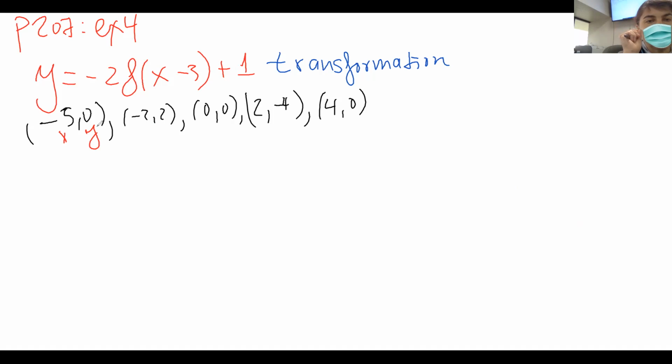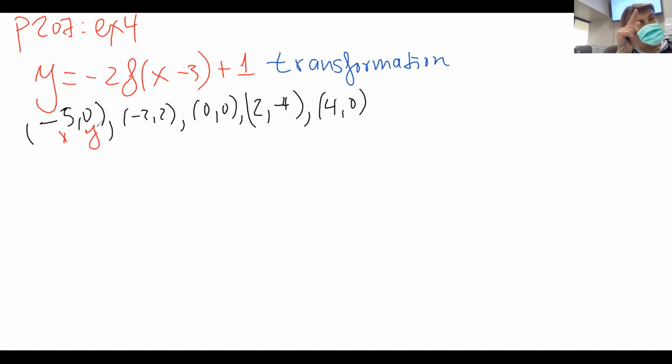So what has been done to the x in this? y equals f. It has been moved to the right by 3 spaces. So if you think, there are 2 ways to do it. Again, you can set it equal to something, or we can think in our heads. Let's think in our heads first. So we have negative 5, and it needs to be moved.